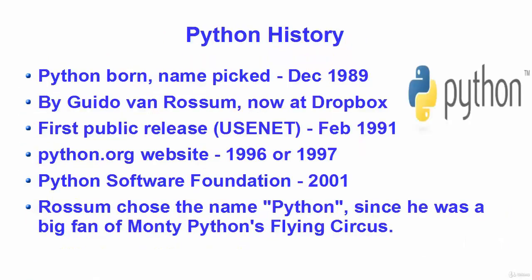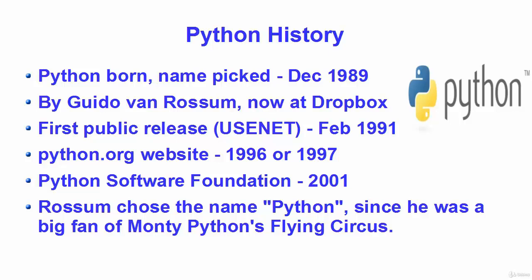Now let's talk about some history about Python. Python was conceived in the late 1980s and its implementation began in December 1989 by a developer called Guido van Rossum in the Netherlands as a successor of a programming language called ABC.